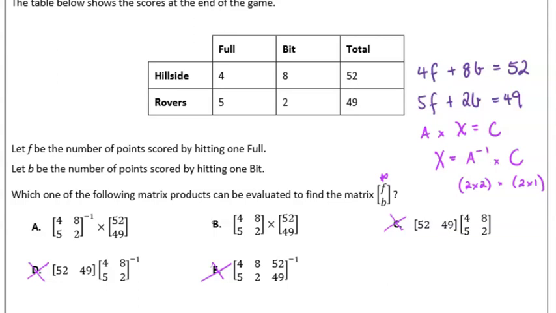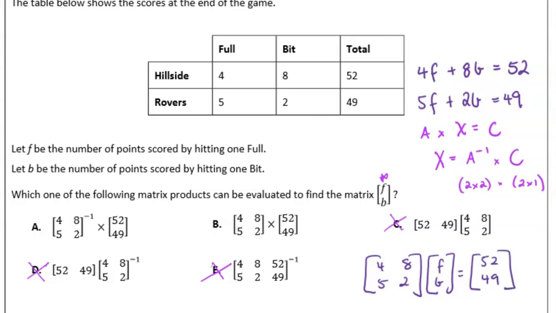So out of our two options here, A and B, we're looking to see, is there the inverse represented? And so if we go back to our equations, and if I was to set up that matrix A, I would be saying I have 4, 8, 5, and 2 times F, B, and that equals 52, 49.